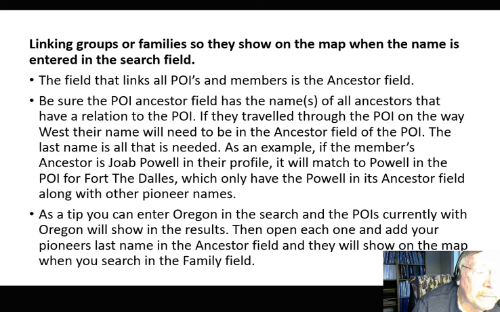So Joab Powell is the name of one of our pioneers, a number of our members' pioneer families, and so here we have, as an example, Powell is in the ancestor field of Fort the Dalles, as well as all the other ones that you saw earlier, and that will match it to the others, so you can see their track on the map and where they are now.